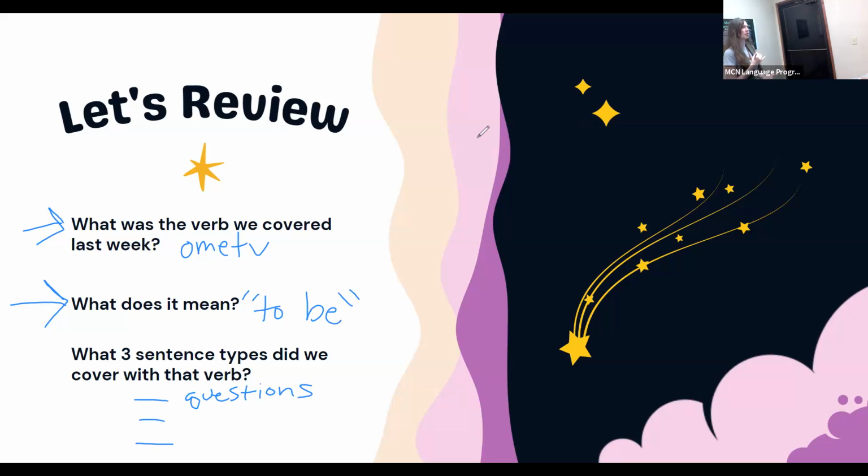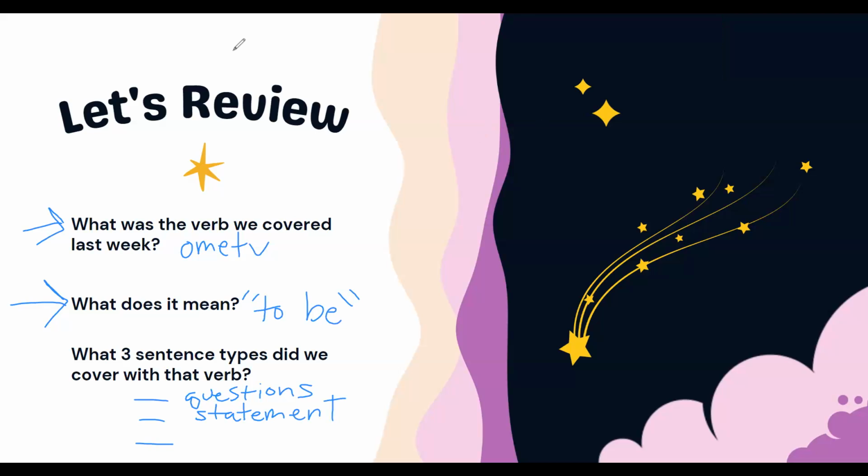Then what's the opposite of a question? A statement. There we go, statement, that's what I was looking for. Okay, we're looking for one more. We have questions, we have statement. Negation. There we go.